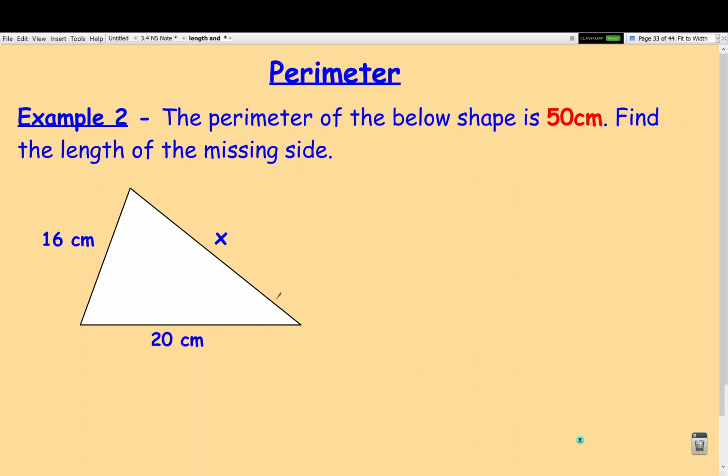I actually don't know one of the sides this time, but I do know that the total perimeter of the shape is 50 centimetres. So I'd like you to copy down this triangle. This time we're actually not looking for the perimeter, we're looking for what the missing side is. So copy down the shape and write down that the perimeter is 50 centimetres.